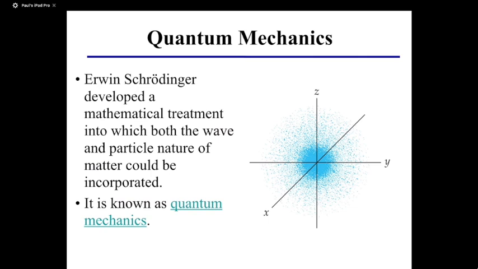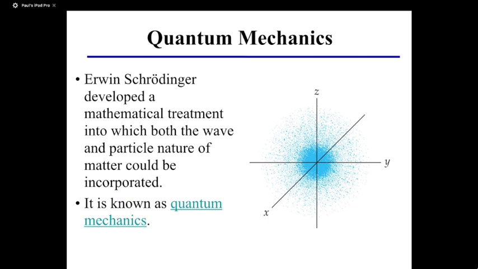He developed a mathematical treatment to account for the fact that electrons travel as particles and as waves in terms of energy. It's a whole facet of chemistry called quantum mechanics, and it's a senior level course in which you spend a lot of time and a lot of math.